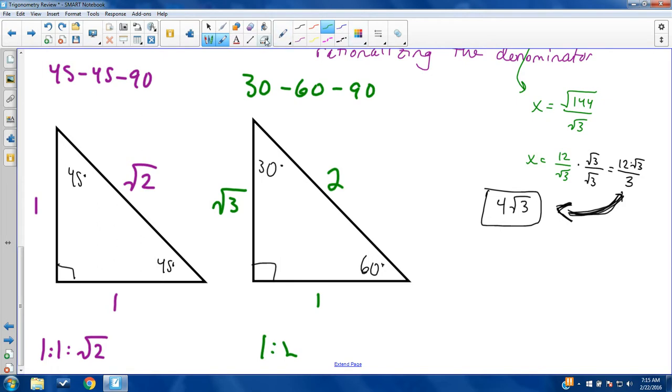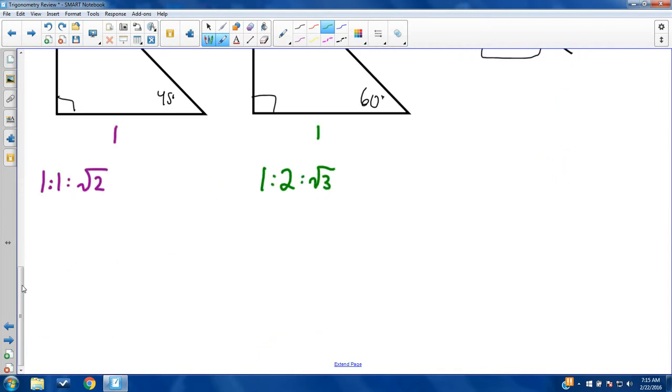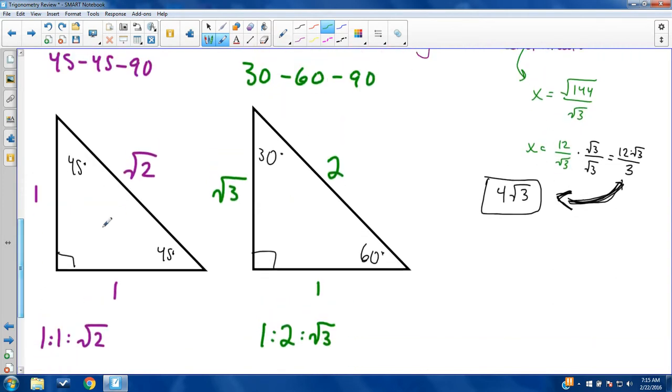Now this one's a little bit misleading and different in terms of how I'm writing it, because this is not leg to hypotenuse. This is leg to hypotenuse to leg. But in terms of remembering it, it's easier to see the sequence as the numbers 1, 2, and 3, even though the number's not truly 3. One thing you have to remember is that the square root of 3 is less than the value 2.